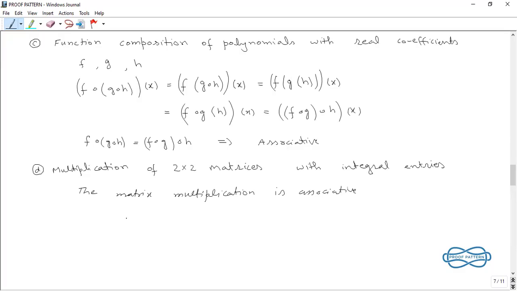So for any matrices A, B, and C belonging to 2 cross 2 matrices with integral coefficients, we say that A into BC is equal to AB into C. This means this is also associative.